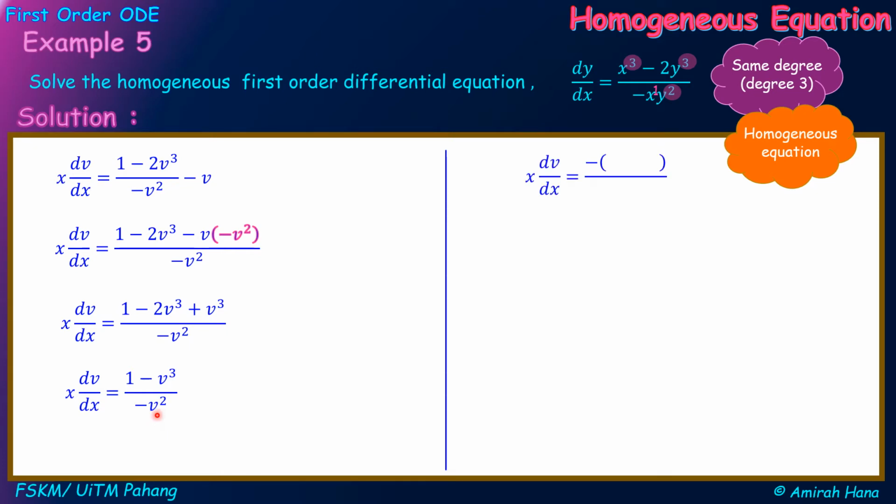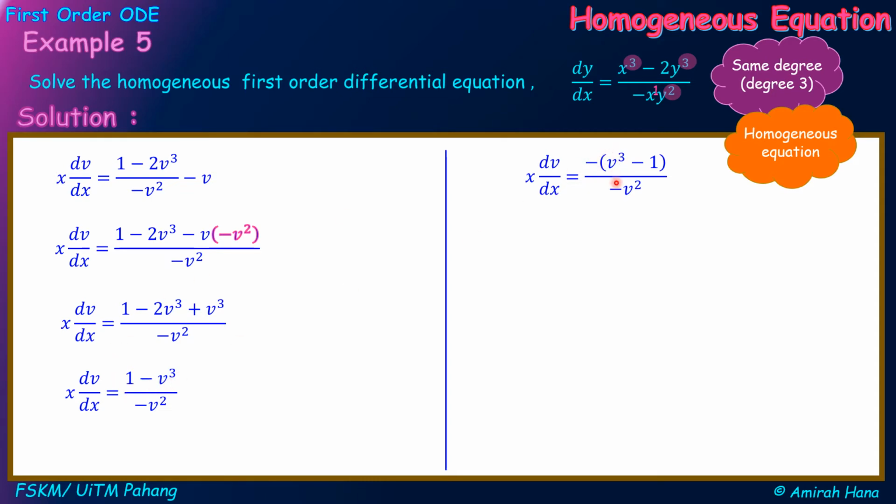After that, we can factorize negative. We still have x dv over dx on the left hand side equals, we factorize negative, and then in bracket we have v cubed minus 1. We exchange v cubed and 1 here, but we need to put a negative sign, because if we expand, we will get back 1 minus v cubed.